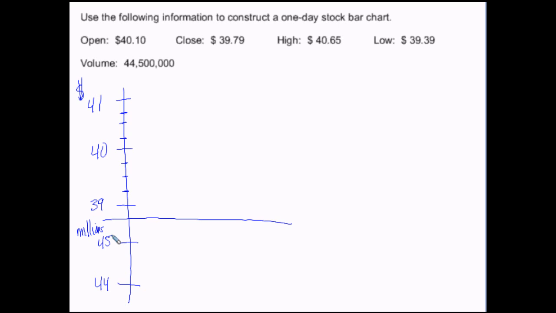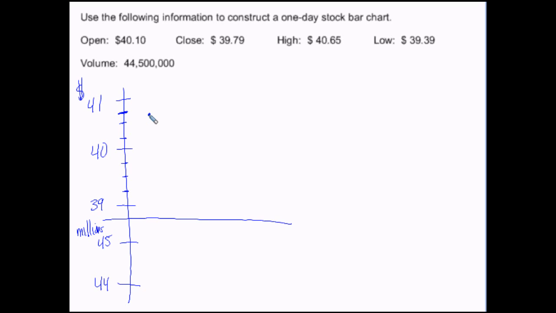Alright, so our high and low determines the height of our stick. Our high is 40.65. I'm saying that this line here is 40.75, so I want to be a little bit below that line when I start.